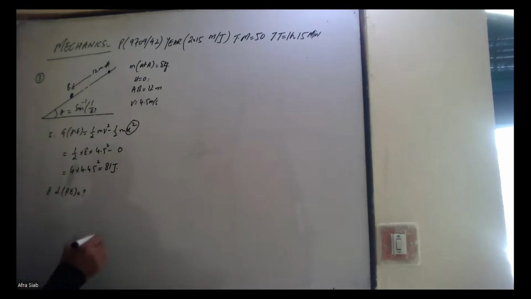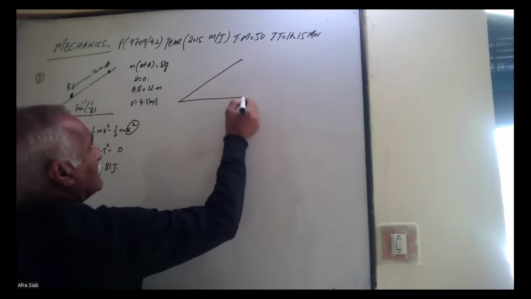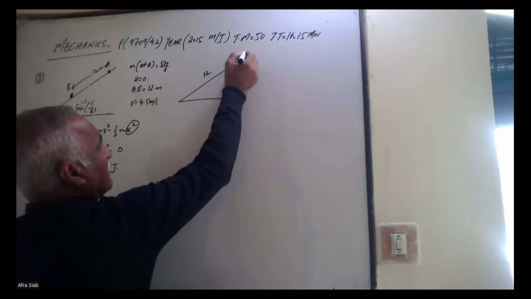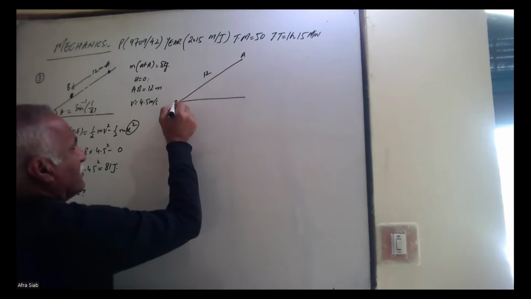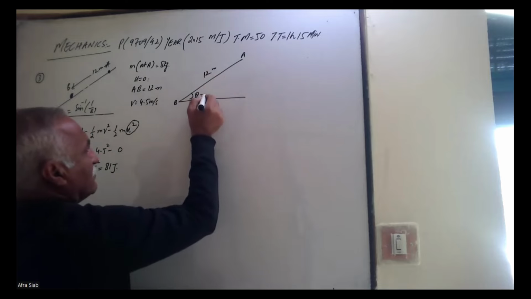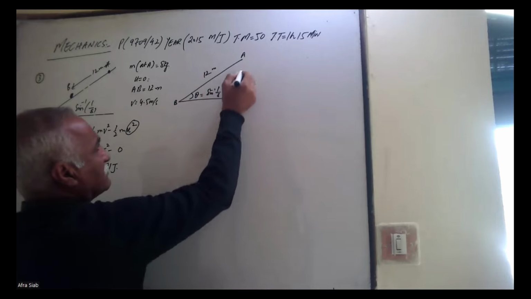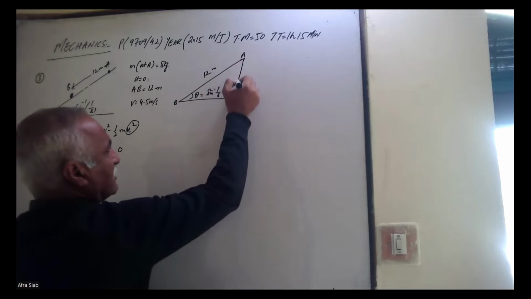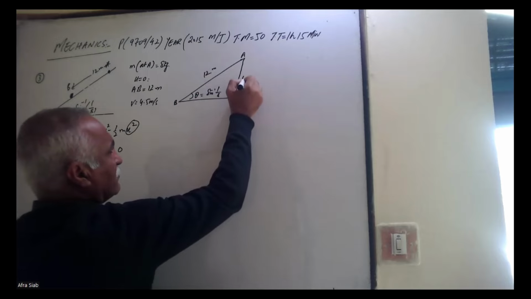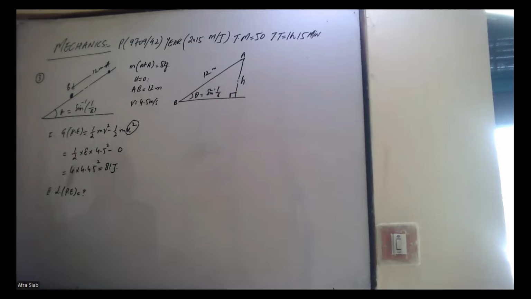But we know one thing, the particle at this position, let's say this length is 12, A is higher than B. This is angle theta there, which is equal to sine inverse of 1 over 8. This is, let's say, the height. It has decreased in that value from A to B. And now we will calculate this height.